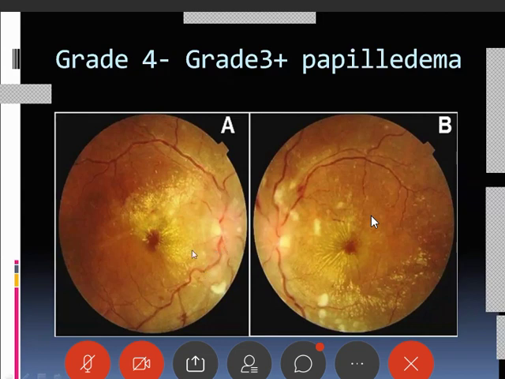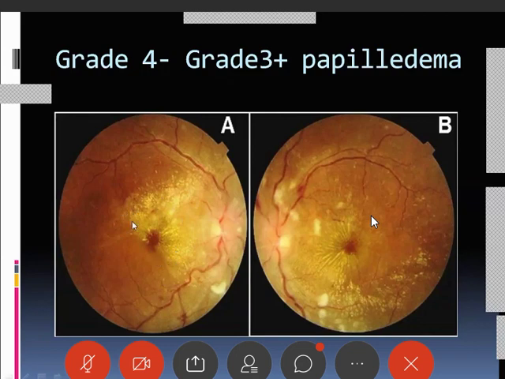Disc edema. Along with the disc edema, we are able to see multiple small yellowish lesions. These are all hard exudates, and these hard exudates are arranged like a fan or star in the macular area.